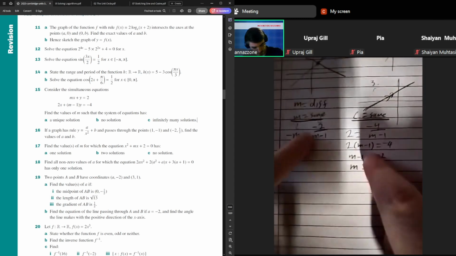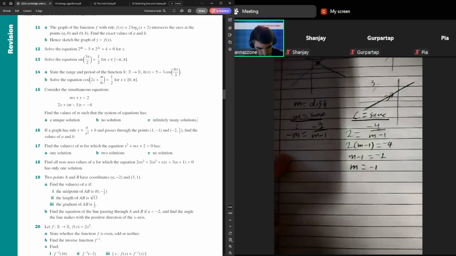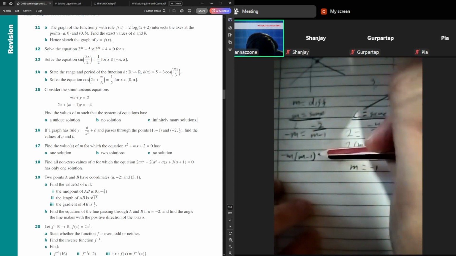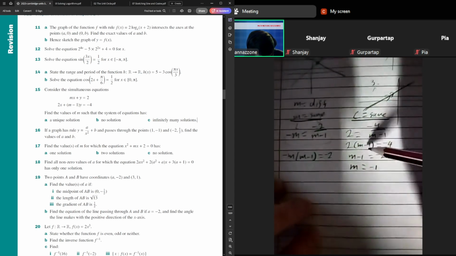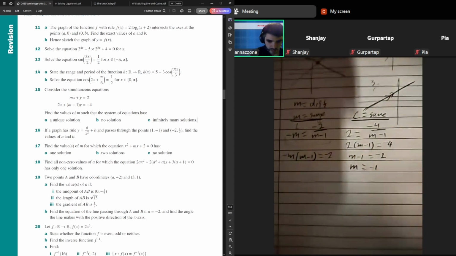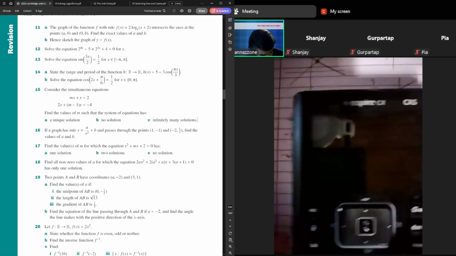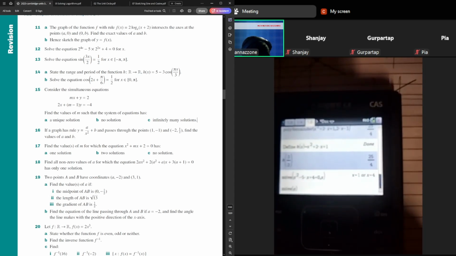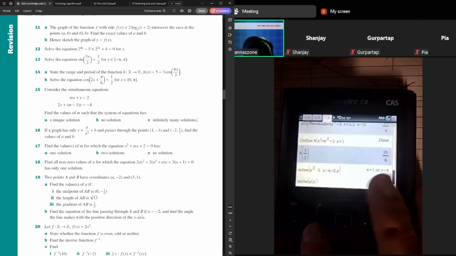From there, you solve this one as well. So we're going to have minus m times m minus 1 equals minus 2. This is some quadratic. You guys know how to solve quadratics. I'll just cheat real quick.